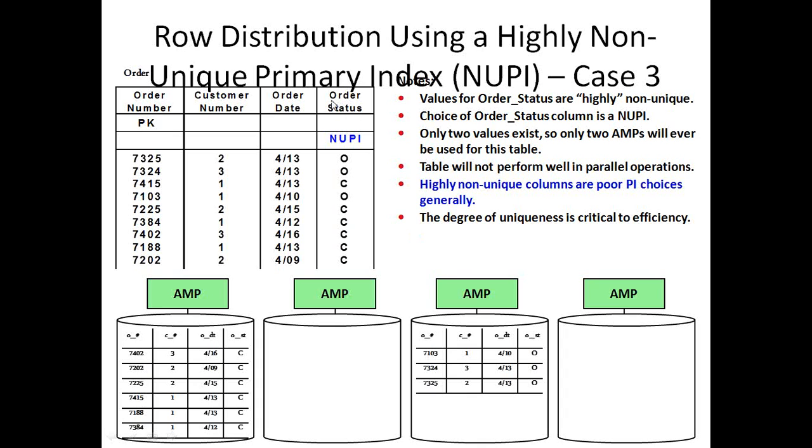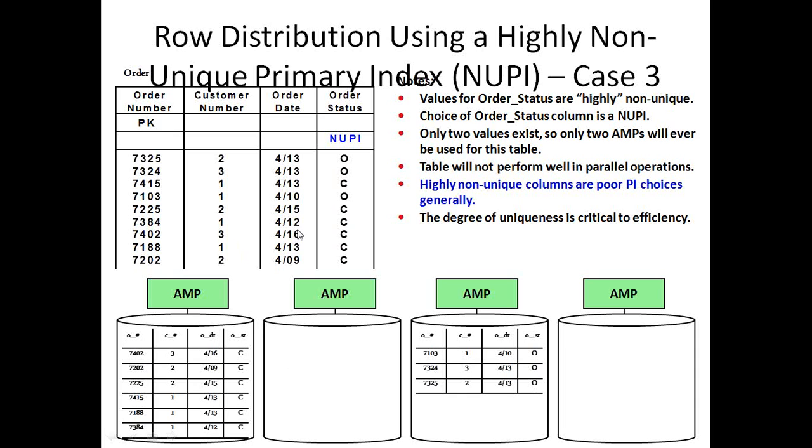Let's suppose I take order status as my non-unique primary index. How many unique values are there? Open or closed order status. If I choose order status as my non-unique primary index, then all O's would be stored in 1 amp, all C's would be stored in 1 amp, and the other 2 amps are empty.